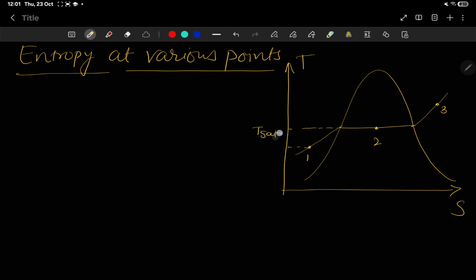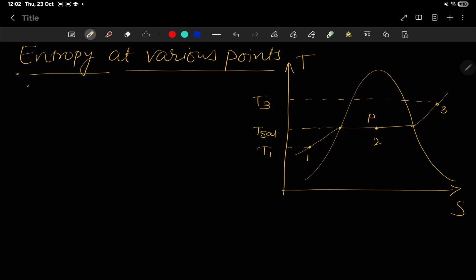This is Tsat, this is T1, this is T3. Okay, and this is all happening at a constant pressure P, right?